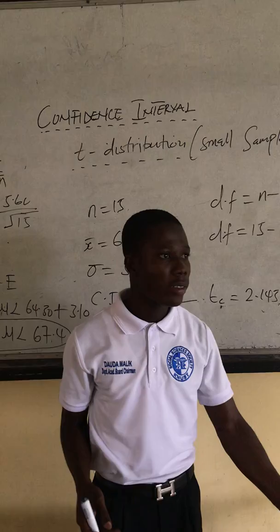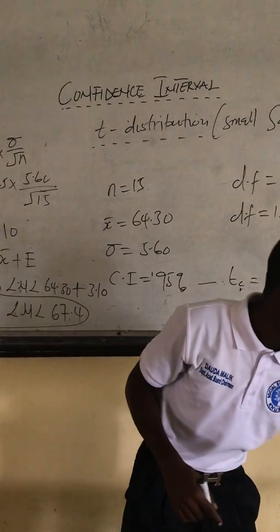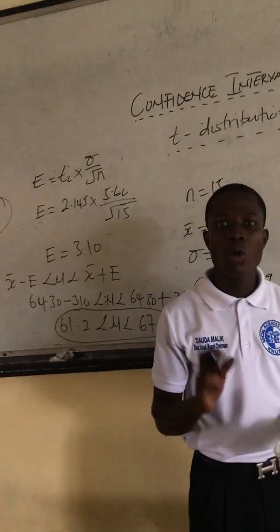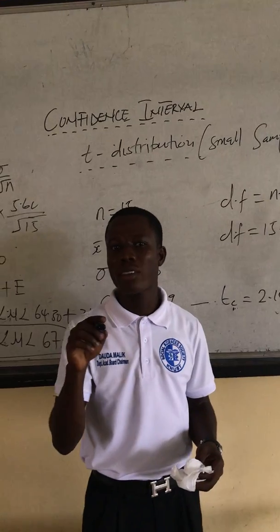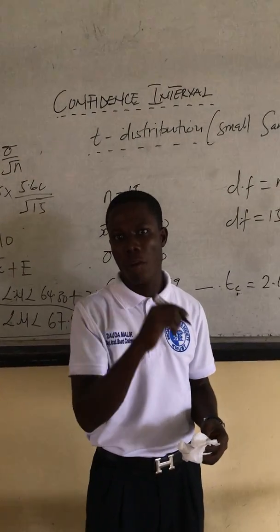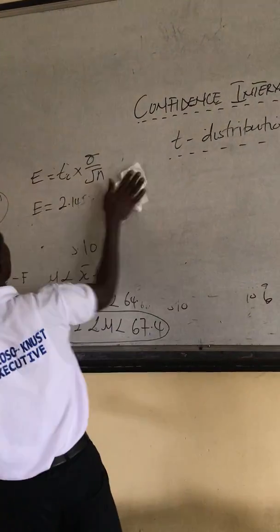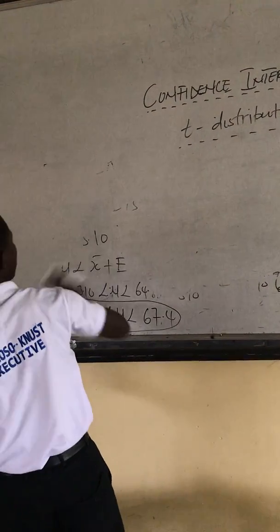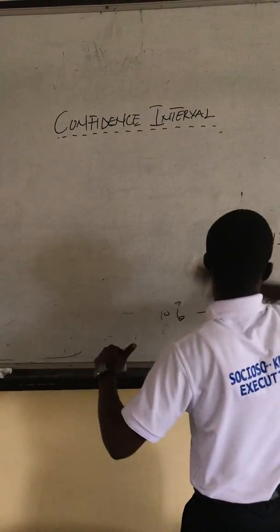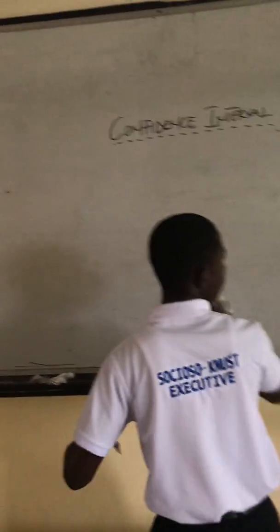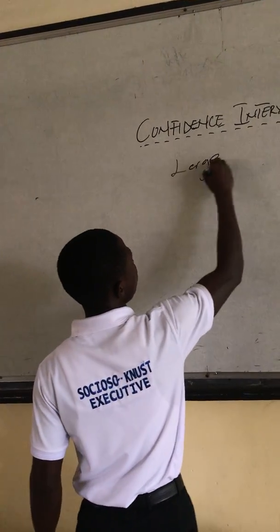Okay. There's one thing I want us to go back and see at the large samples. With the large samples, sometimes they will not give you the n. When they don't give you the n, you have to make n the subject of the formula. So we are going back to the large samples.